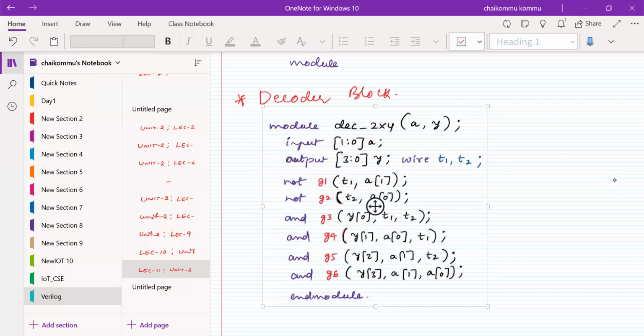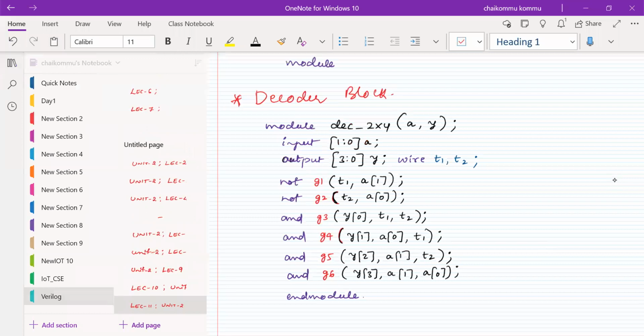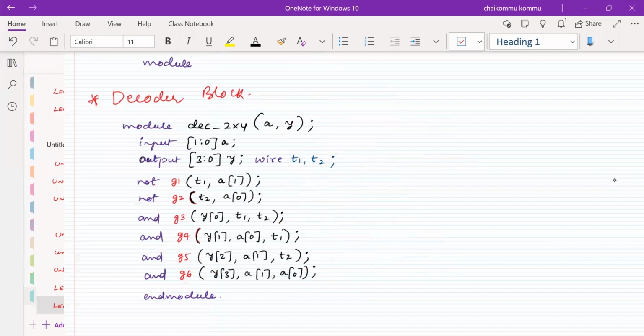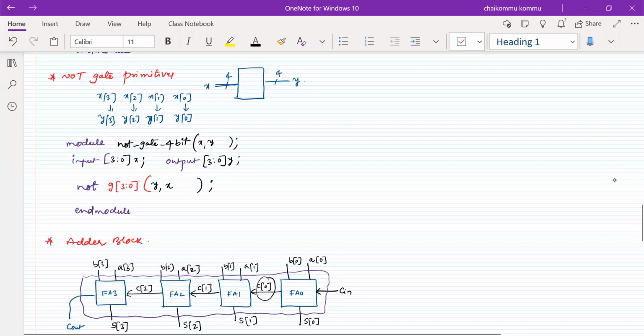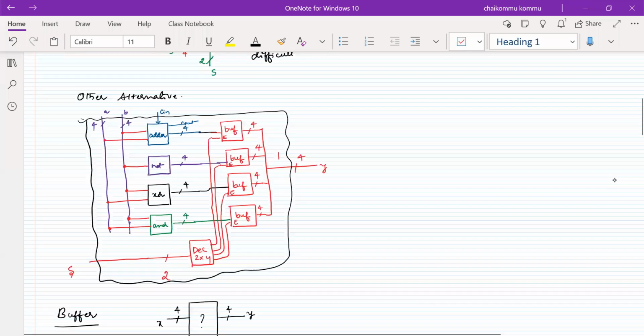These are the essential components that are required: decoder, adder, NOT gate, AND gate, XOR gate, and buffers. Whatever components are required for the structure, all must be defined, and then only it is possible to use them in your main program.